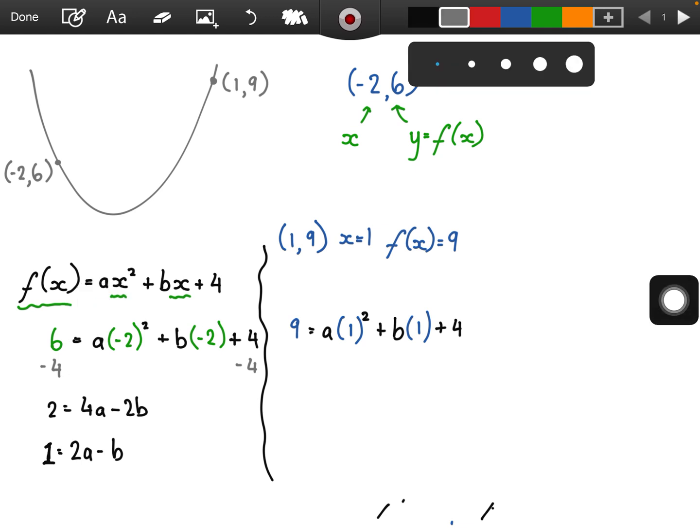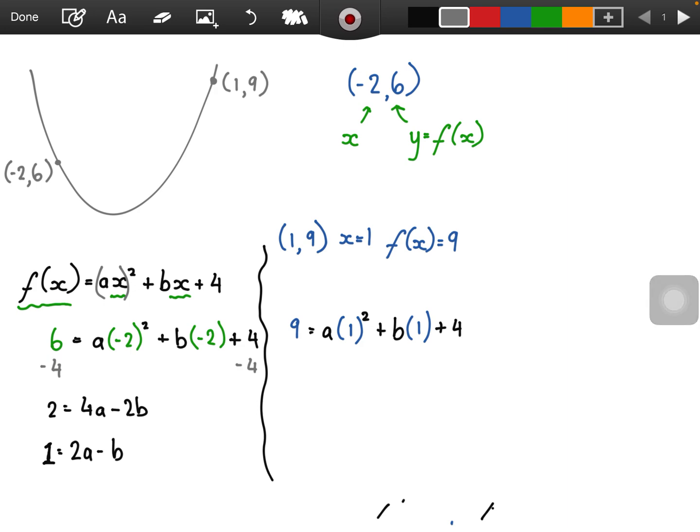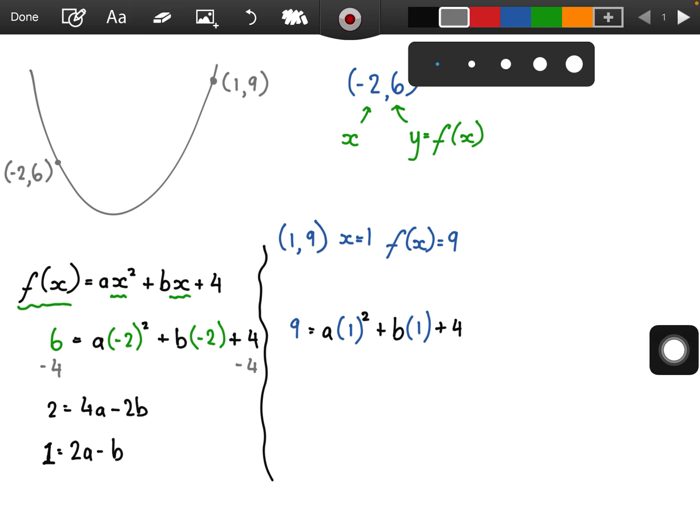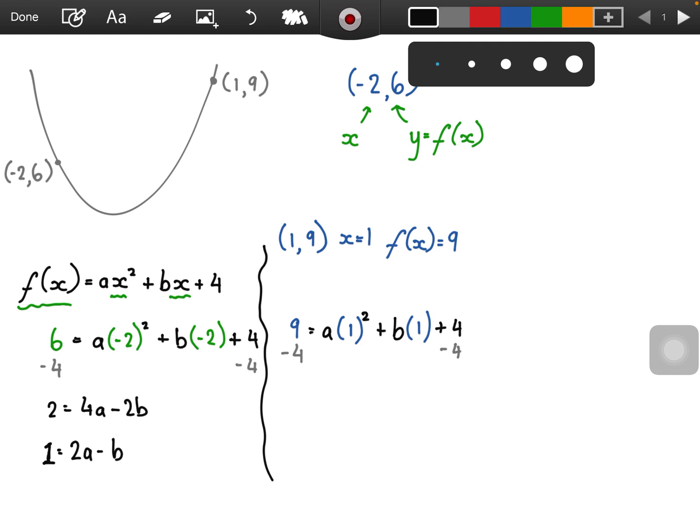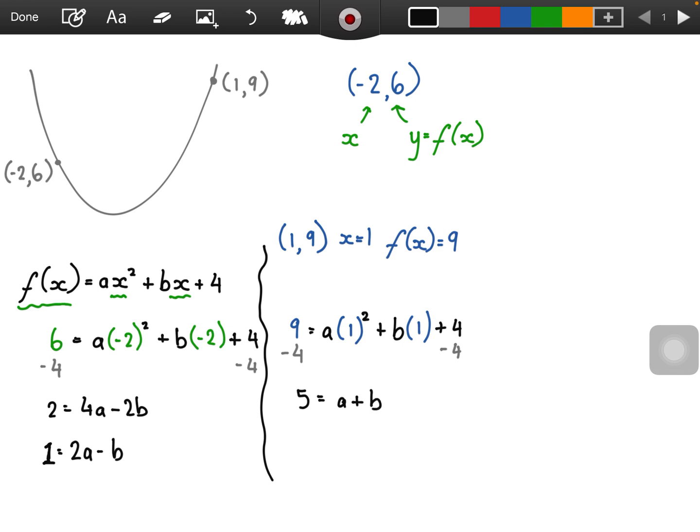If in the function there are brackets around this, then yes, it will be an a squared, but that is not the case. It's just the x being squared. So let's simplify this out. Again, I'm going to subtract 4 from both sides, and I'm going to get that 5 is equal to a plus b.